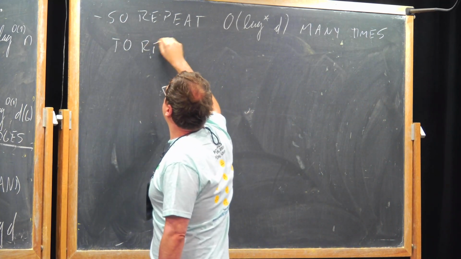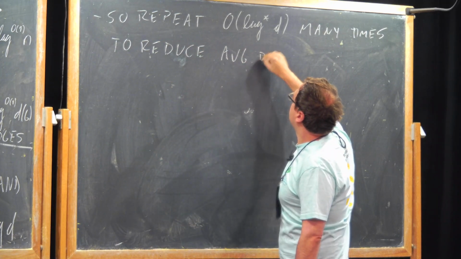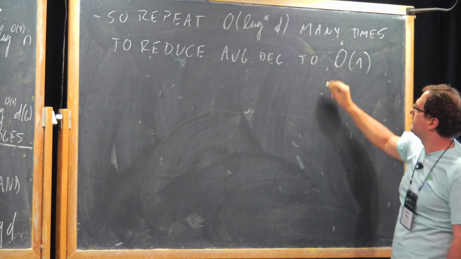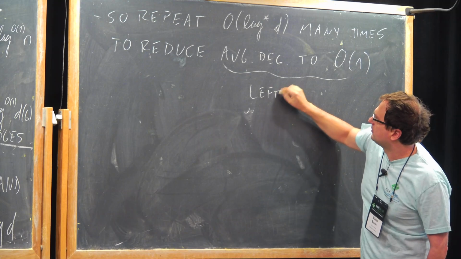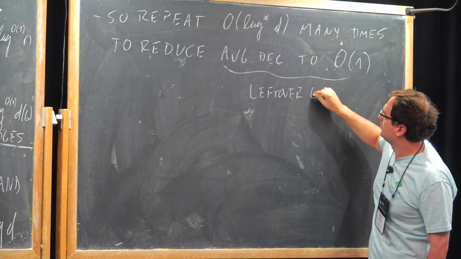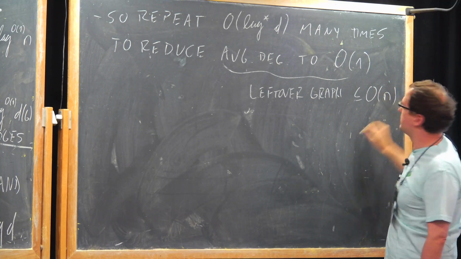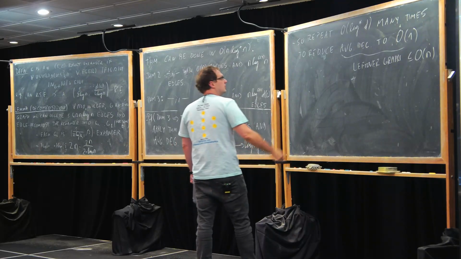To reduce average degree to a constant. So that means that this leftover graph had big O of n edges, and this we just put into our decomposition, or discard if you want.